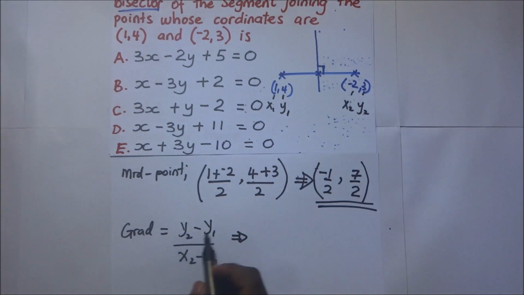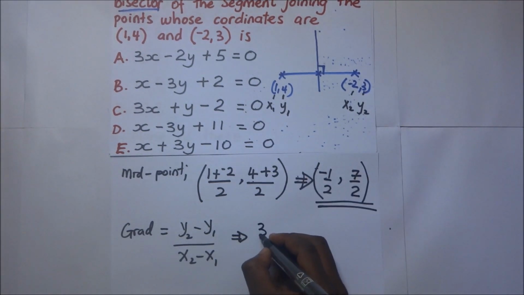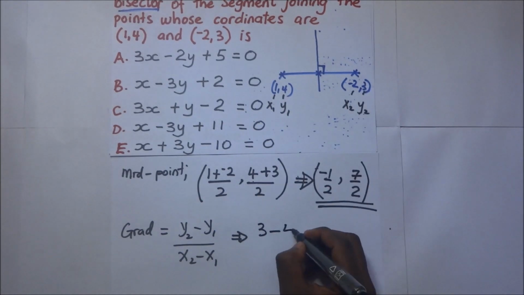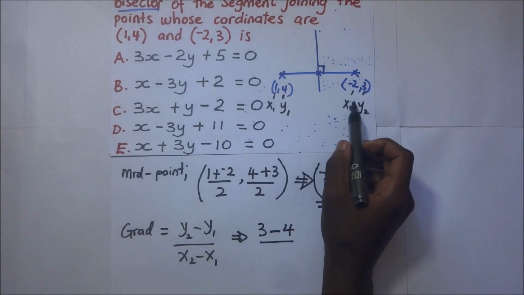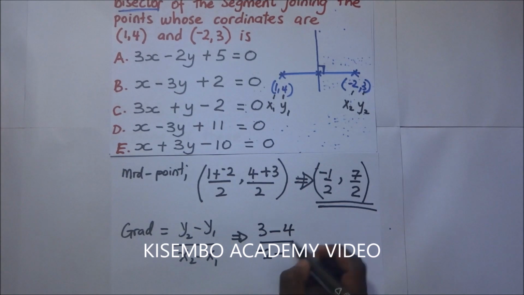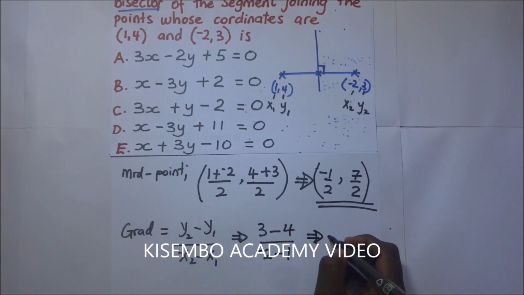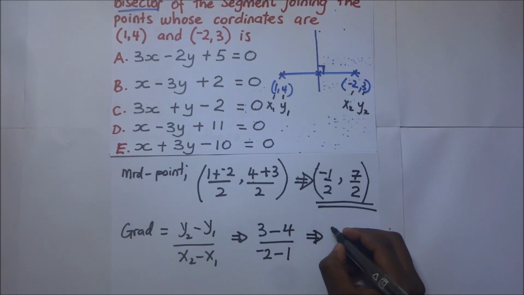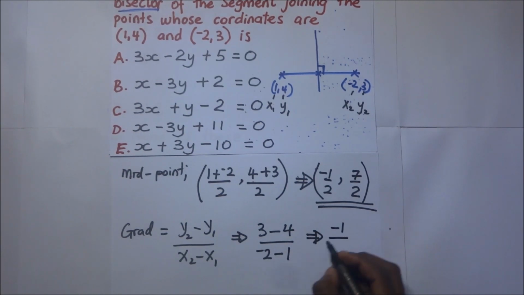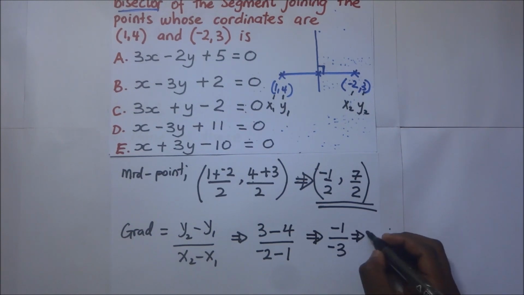So it means that our y2 here is 3 minus y1, which is 4, divide that by our x2, which is negative 2, minus our x1, which is 1. And therefore that is going to give us 3 minus 4 is negative 1. Divide that by negative 2 minus 1 is going to give us negative 3. Definitely that is a third.